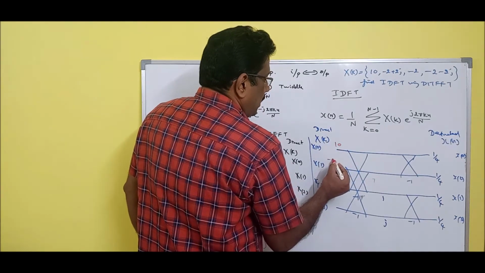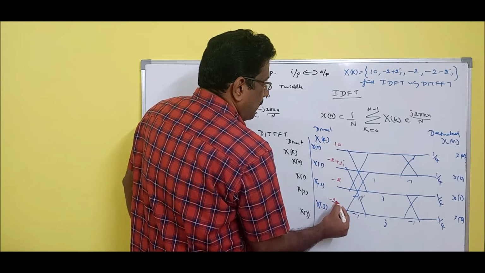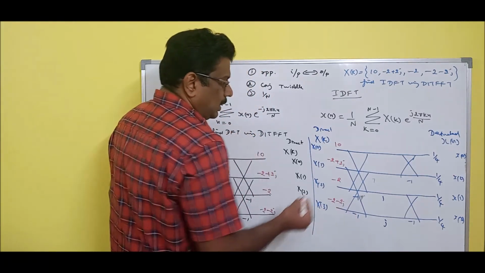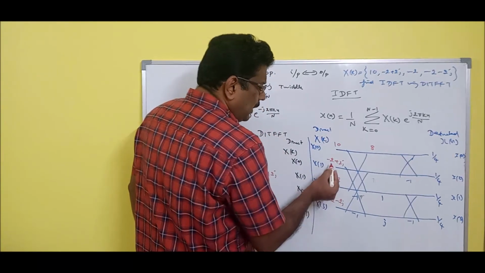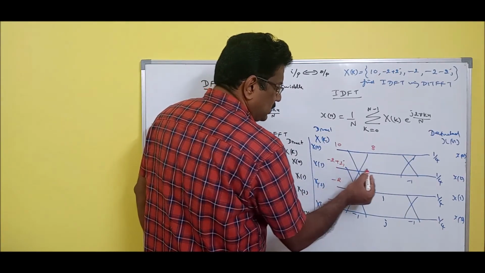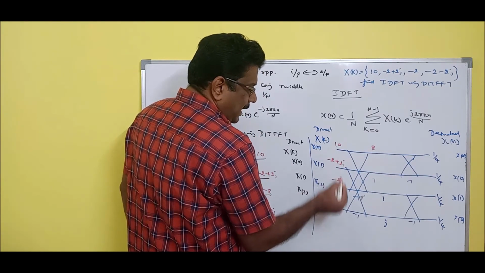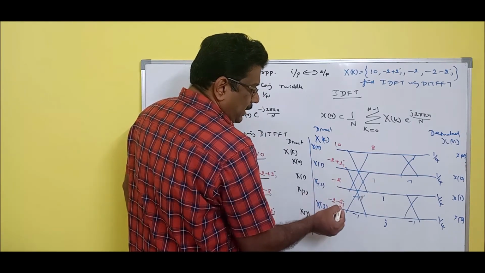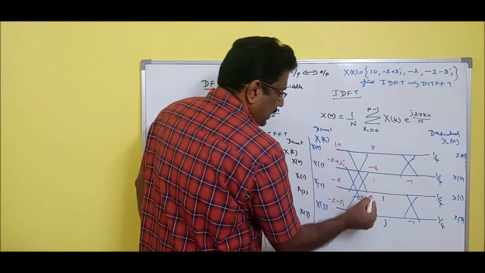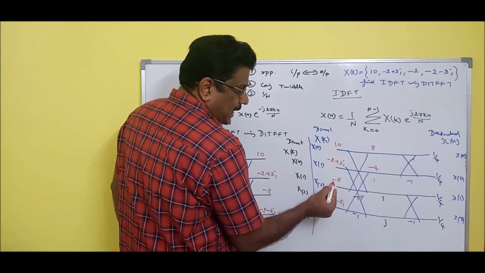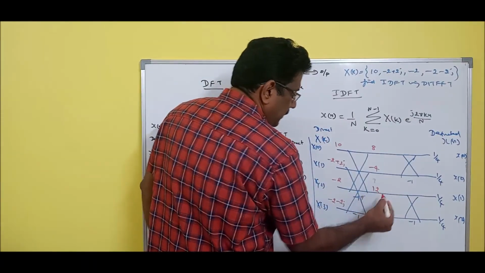10, minus 2 plus 2j, minus 2, minus 2 minus 2j. So 10 minus 2, 8. Minus 2 plus 2j plus minus 2 minus 2j. If you add these two, 2j minus 2j cancel, answer minus 4. 10 minus minus 2, that is 10 plus 2, 12.